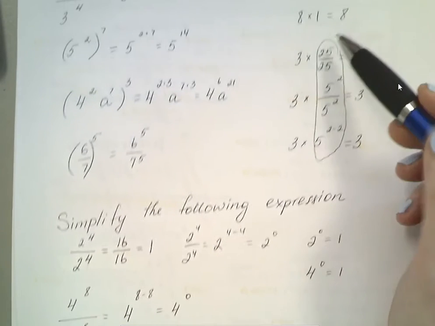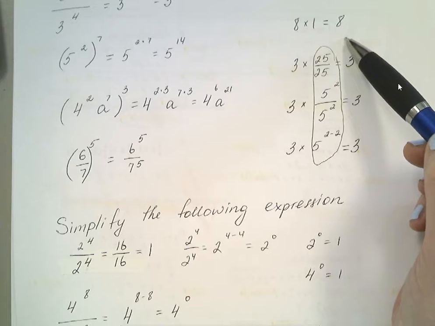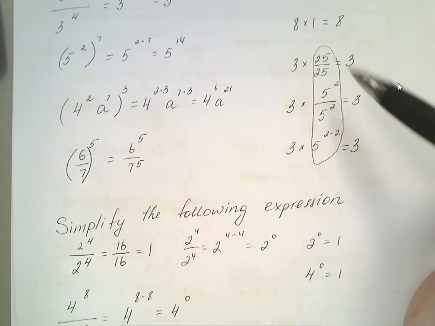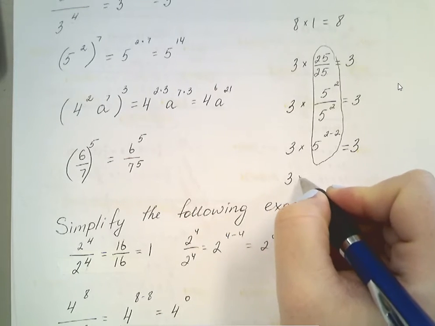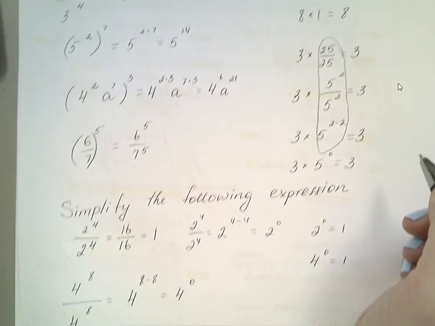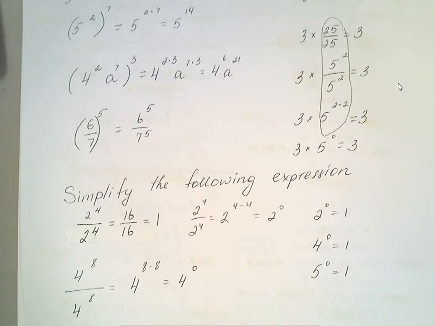But from elementary school, we know that a number times 1 equals the number itself. That means that all of these are a representation of one whole. So 3 times 5 to the 0th is 3, and that makes it 5 to the 0th, one whole.